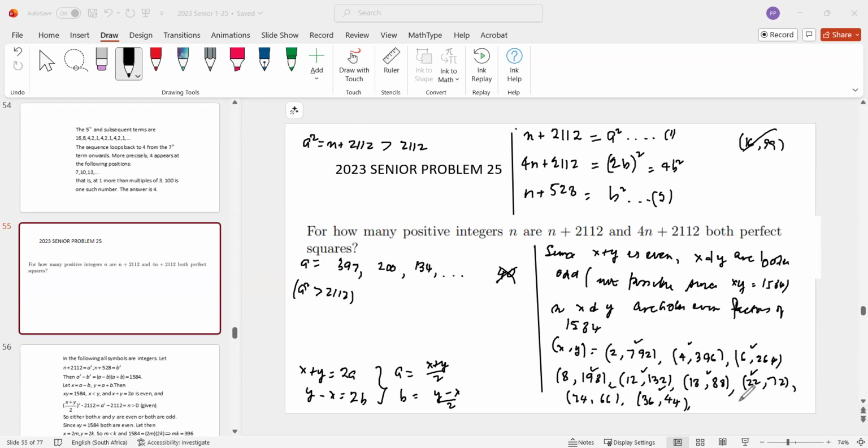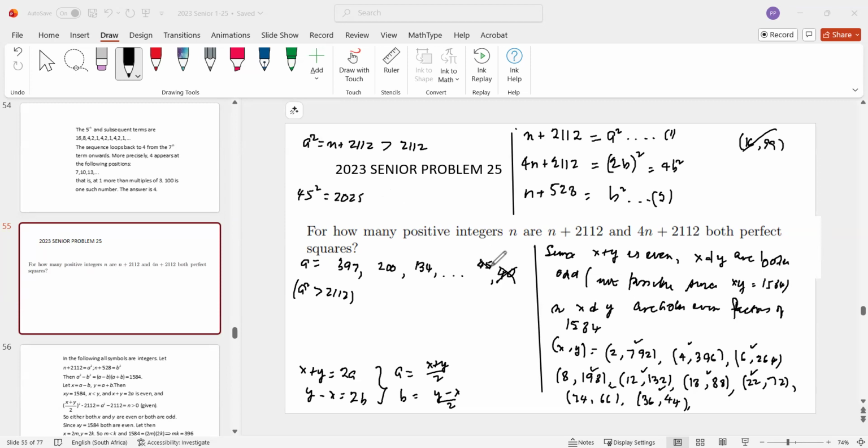Now what's the other a? The one just before this is 24 plus 66, which is 90, over 2, which is 45. The one after that is 36 plus 44, 80 over 2, that's how I got the 40. If you take 45, 45 squared is 2025. And that doesn't qualify either, because you want a squared to be greater than 2112.